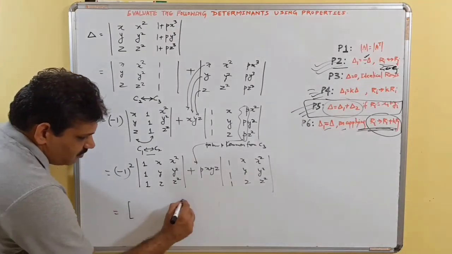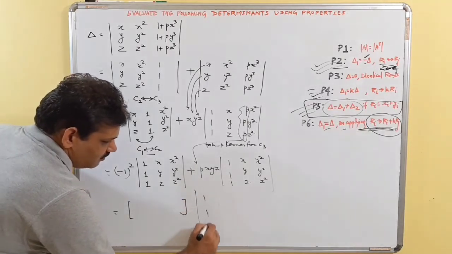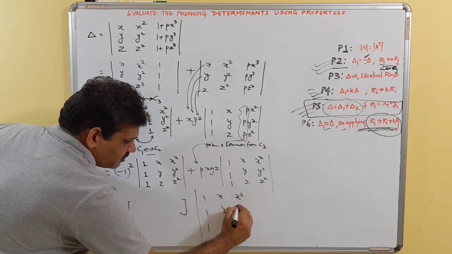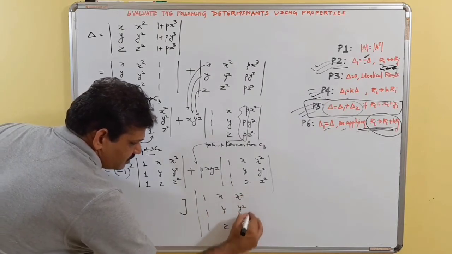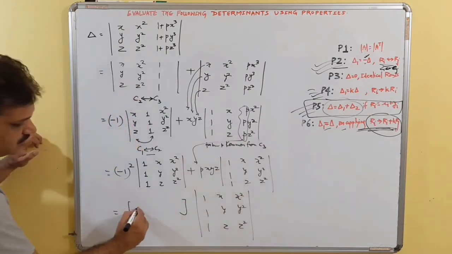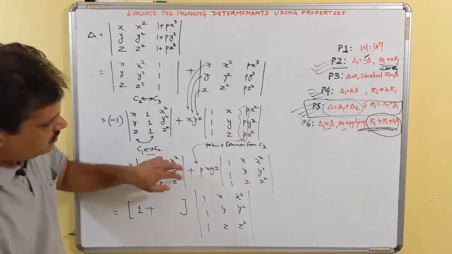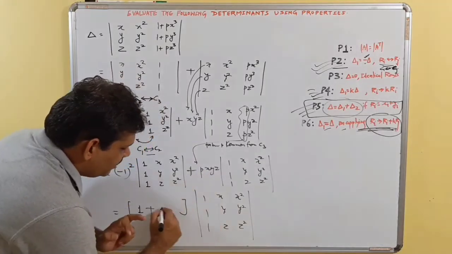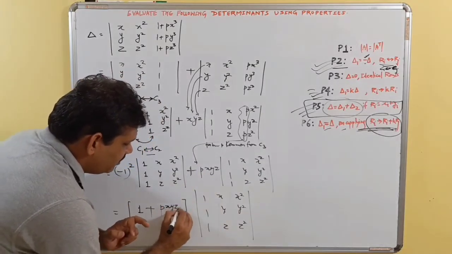So when I take this determinant common, that is 1, 1, 1, x, y, z, x square, y square, z square, what I get is 1 plus the second term, p x y z.